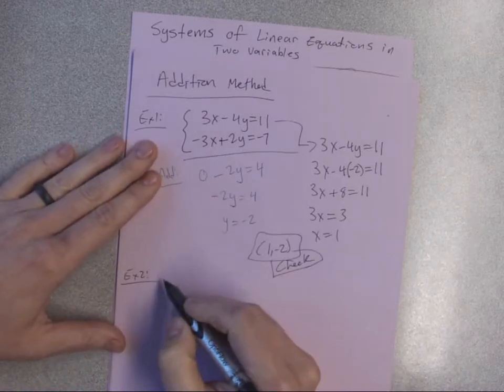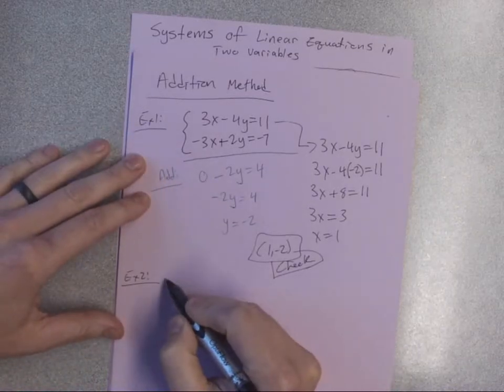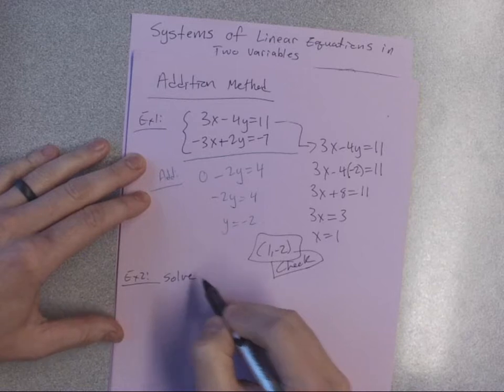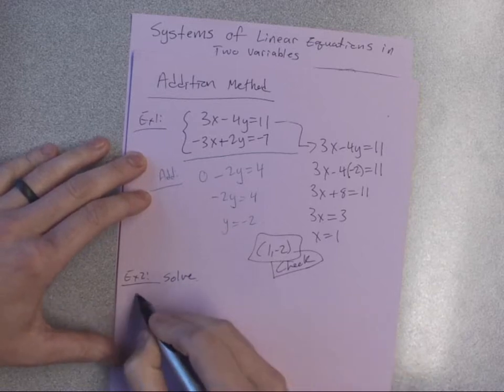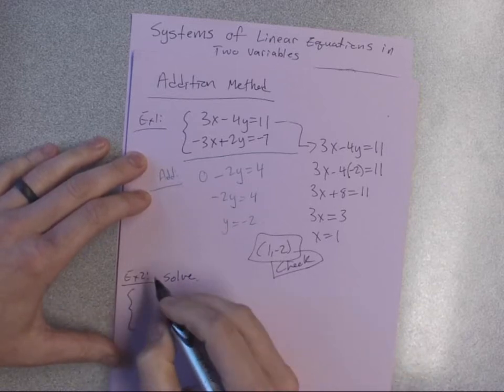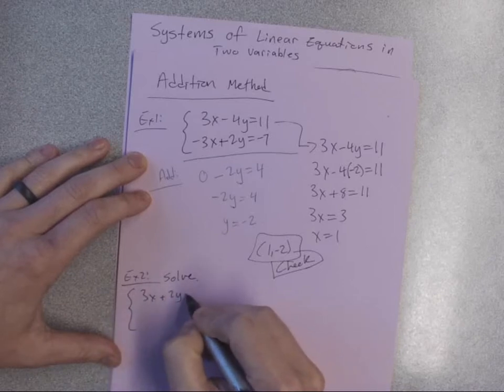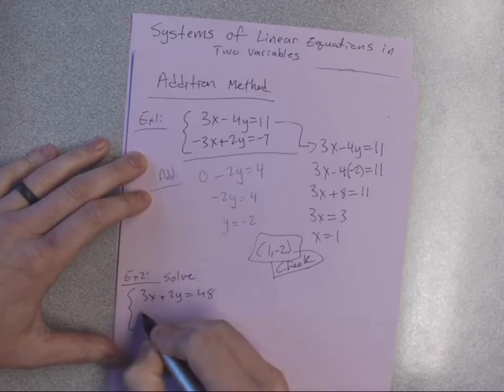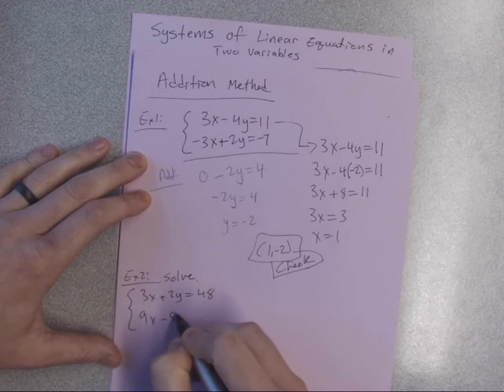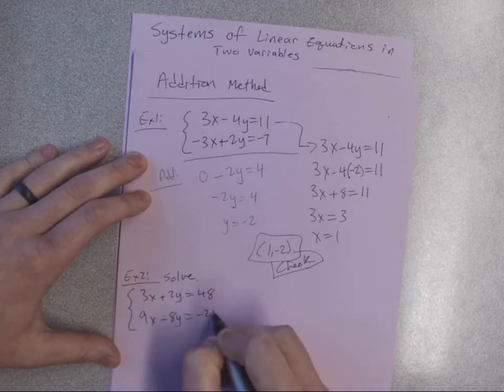I'm going to abbreviate and just say solve the system. Here is the system: 3x plus 2y is equal to 48, and 9x minus 8y is equal to negative 24.